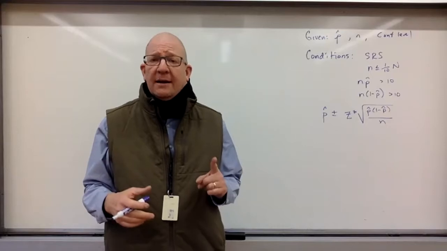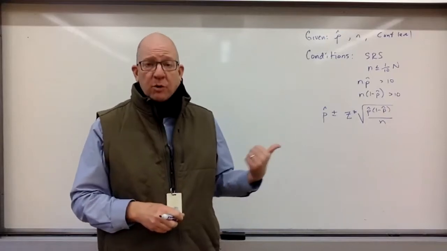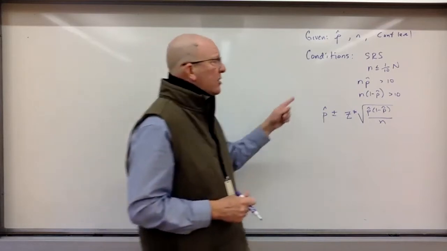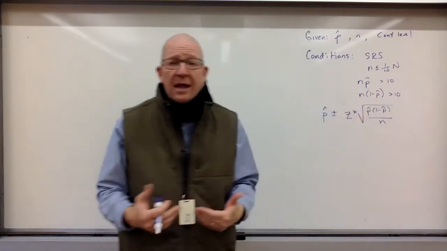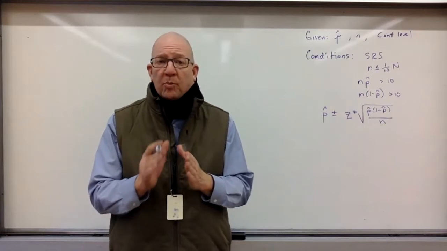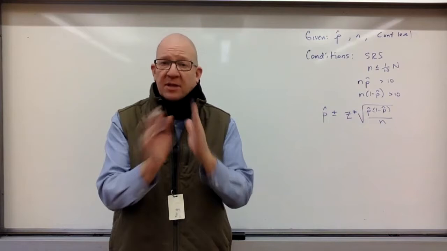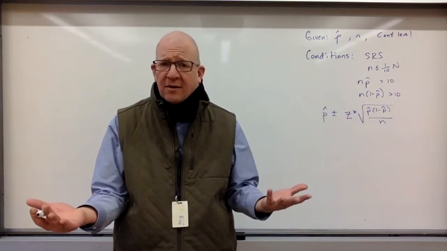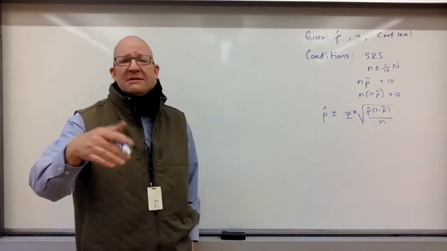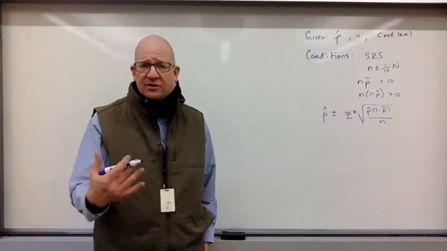No, of course not. But if you have a nice random sample, if you interview less than 1/10 of the overall population, and if your values here are both more than 10, what you're going to get is a proportion that should be in the middle of a plus or minus range. And that should make sense to you, right? So you always see, well, it's 47% plus or minus 3% at a 95% confidence level or something like that.